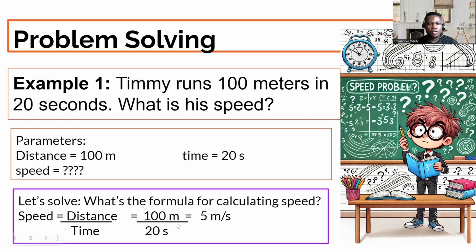So 100 divided by 20 gives 5 meters per second. So Timmy is running at 5 meters per second. That is the speed, and that is how fast he is running. Wow, quite interesting.